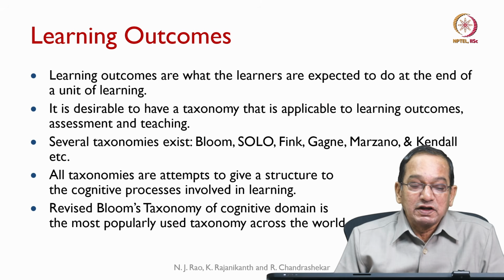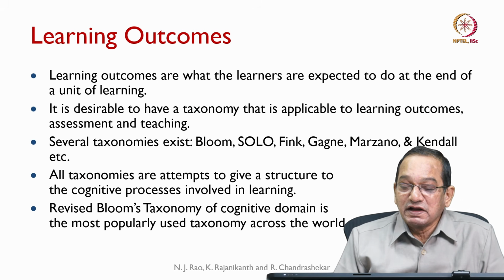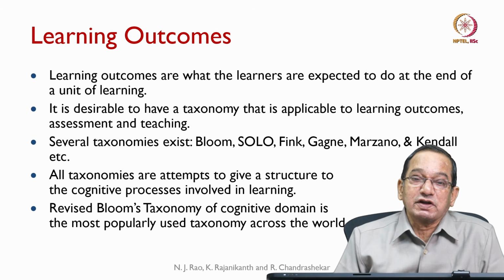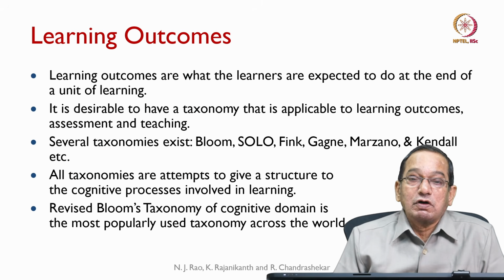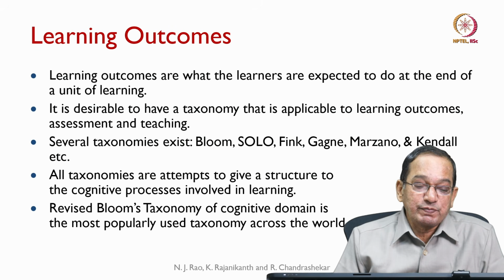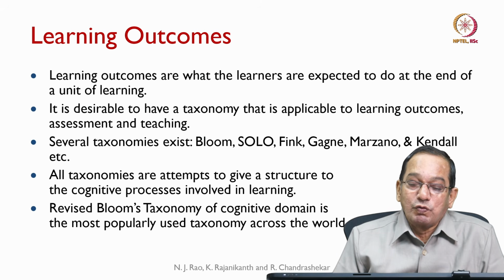So, what are learning outcomes? These are what the learners are expected to do at the end of a unit of learning. The unit of learning can be a program, a course, or an instructional unit. At the end of that, what the student is able to do, what the learner is expected to do, that is the learning outcome.